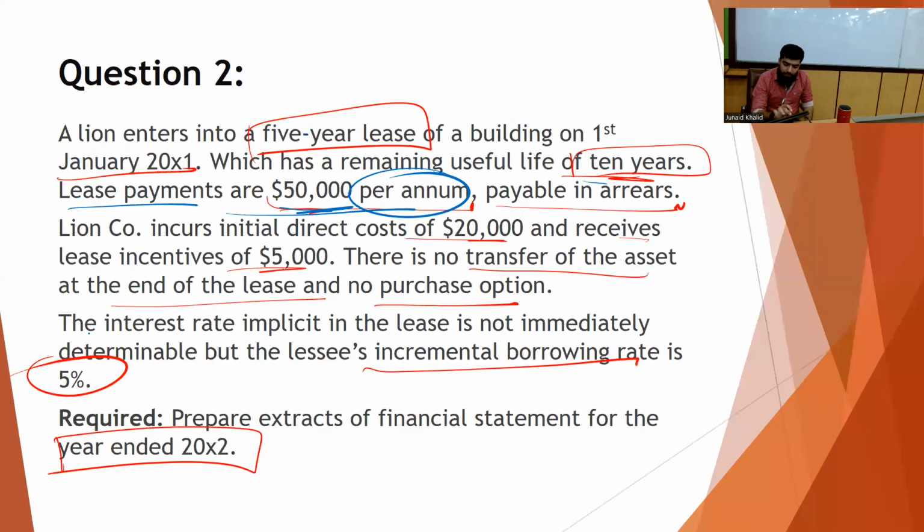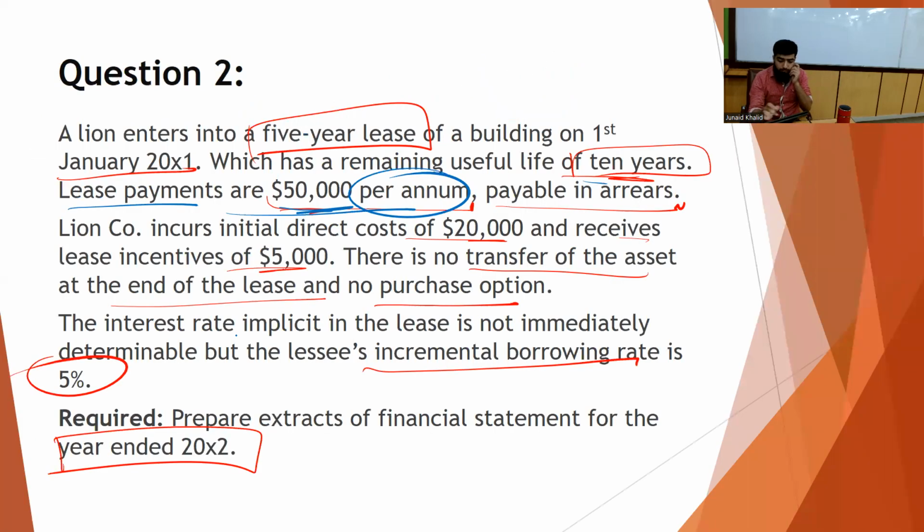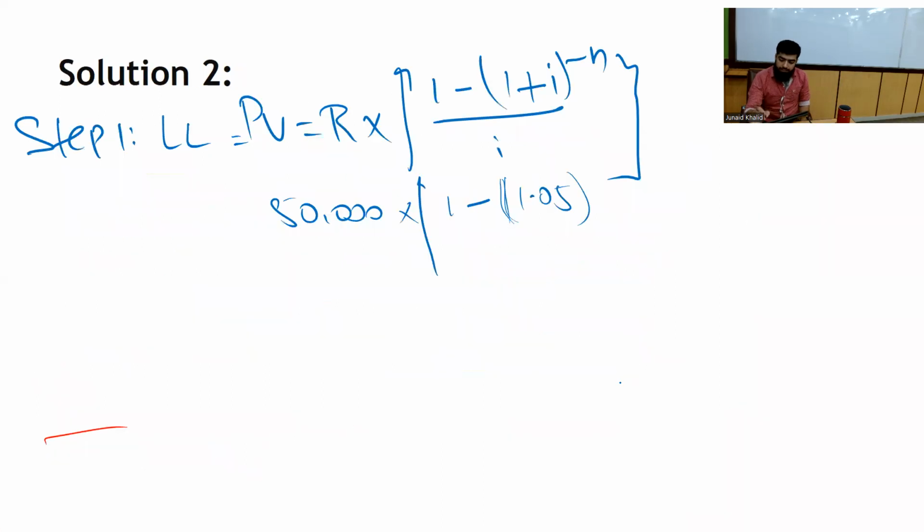Regular payment is 50,000 per annum, multiplied by 1 minus 1.05 power minus n. The lease term is 5 years, not 10 years; 10 years is the life of the asset. Divided by 0.05, that is the interest rate.